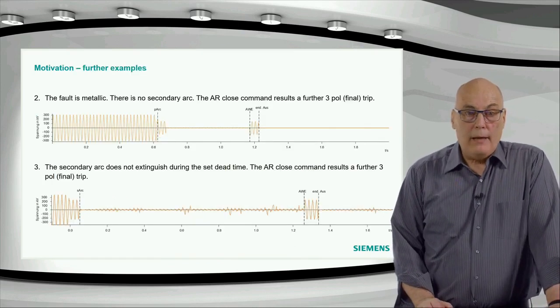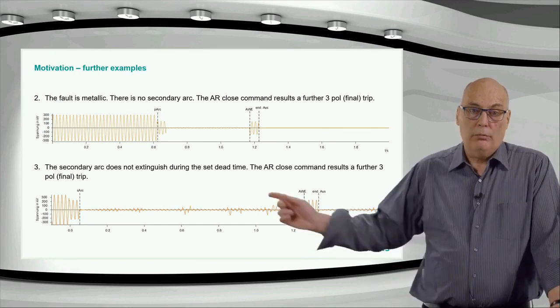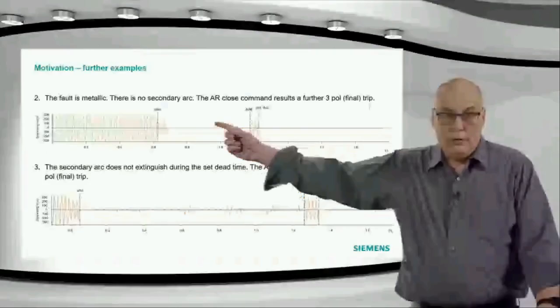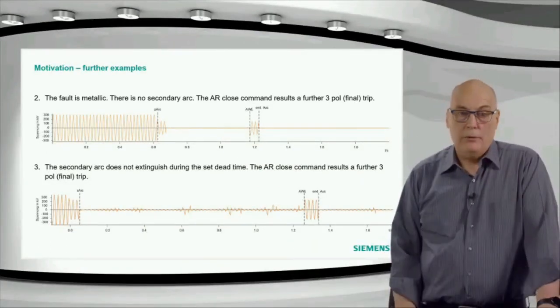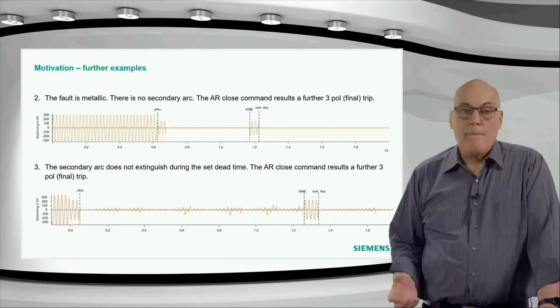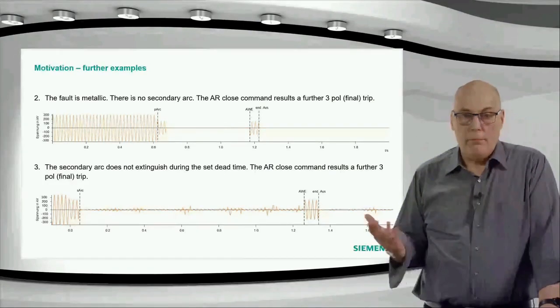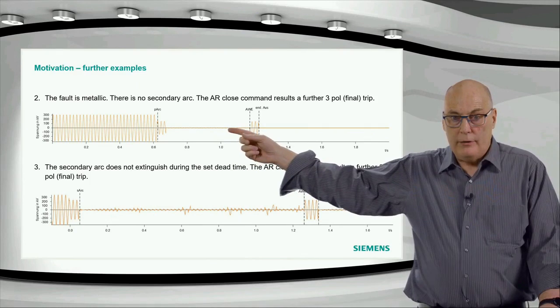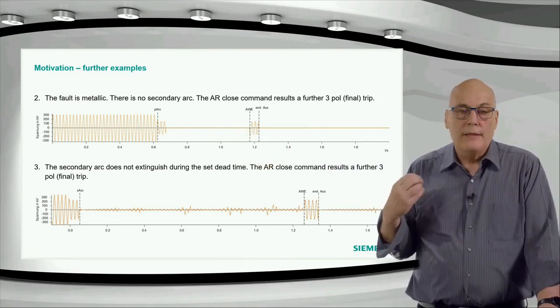Another problem can obviously be a metallic fault. You can see here the same pre-fault condition, then the first dotted line is the fault inception, the second line, the relay trips, and you can see the voltage is 0. There's a metallic fault.